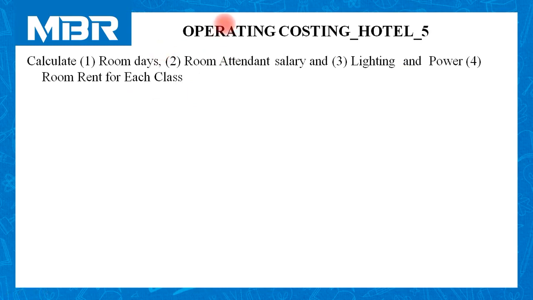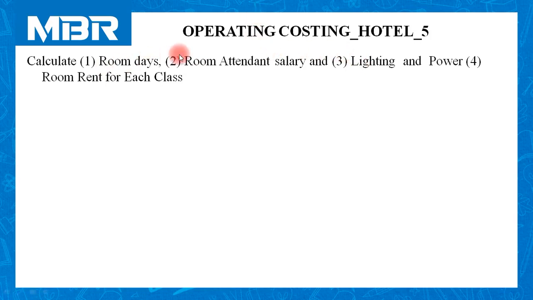Dear students, in the area of hotel costing, the most important calculations are: number 1, room days; number 2, room attendant's salary; number 3, lighting and power; and number 4, room rent for each class.